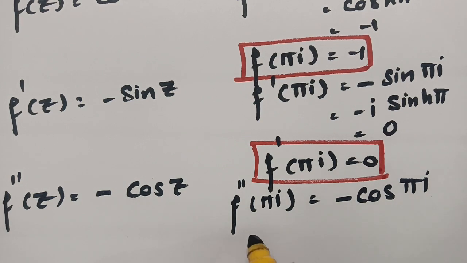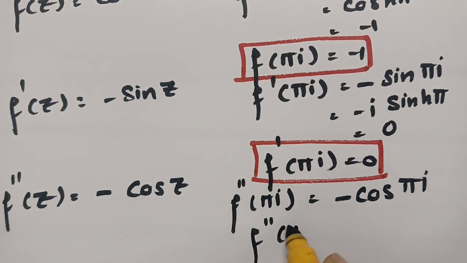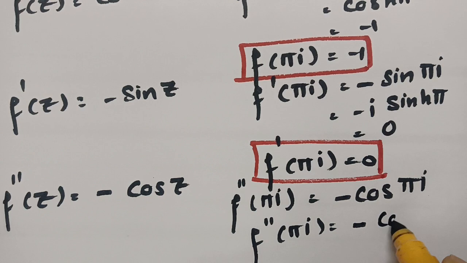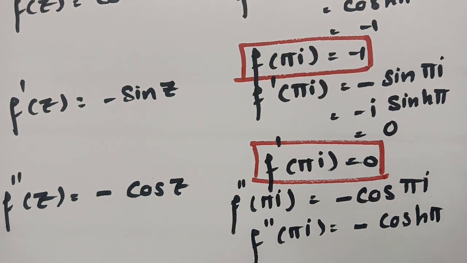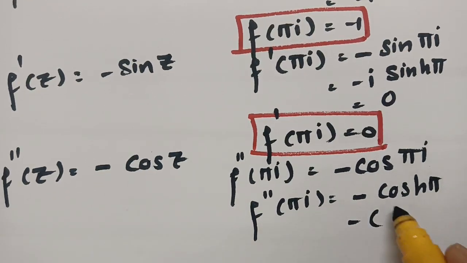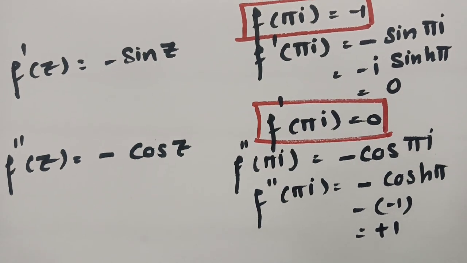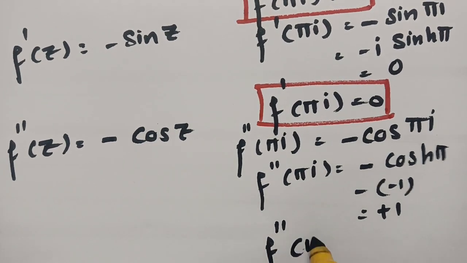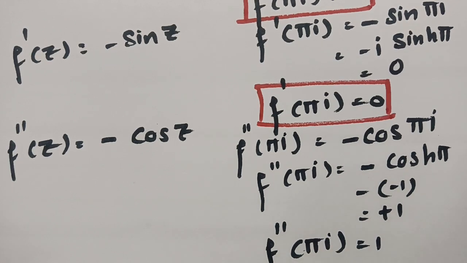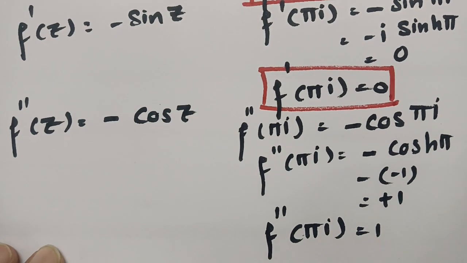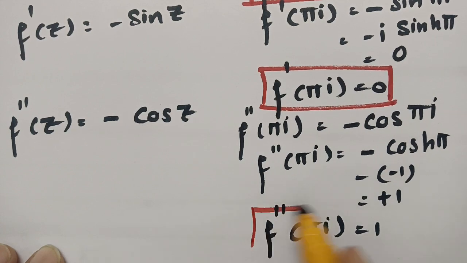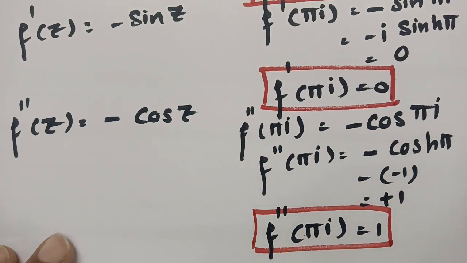Here there is no need to bring i outside for cos, and we can straightly write it as cosh pi. So cosh pi value is minus 1. Already this is minus, so the value here is plus 1. Therefore the second derivative of pi i value is equal to 1.